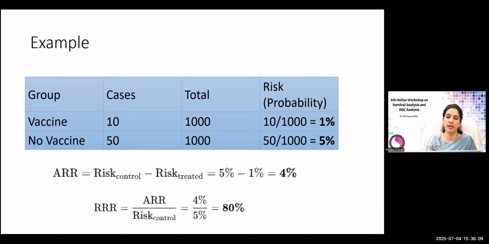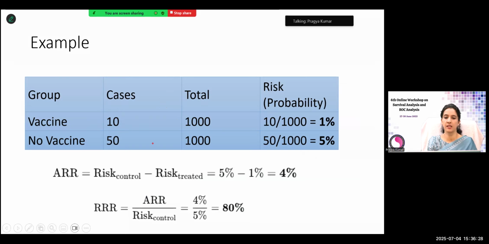So how will I make the 2 by 2 table? This is not a 2 by 2, but if I need to calculate the risk, how will I calculate? The disease risk is 10 divided by 1,000, so it will be 1%. Similarly, if the person is not taking the vaccine, the risk of disease is 50 divided by 1,000, which is 5%.